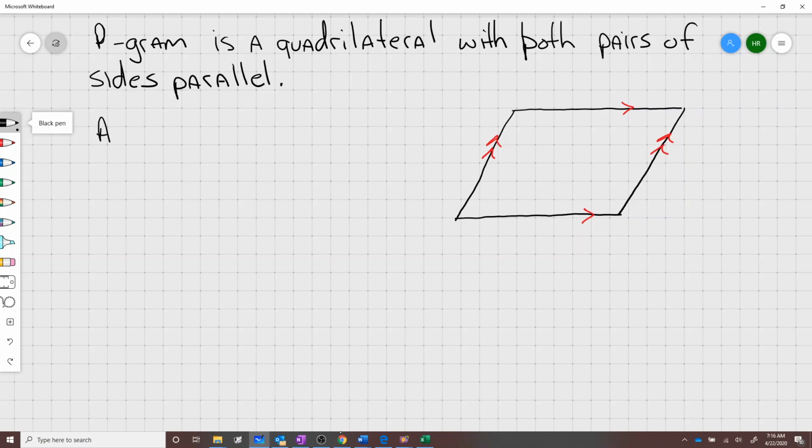Any side of a p-gram can be called the base.